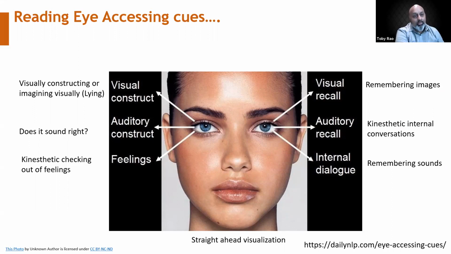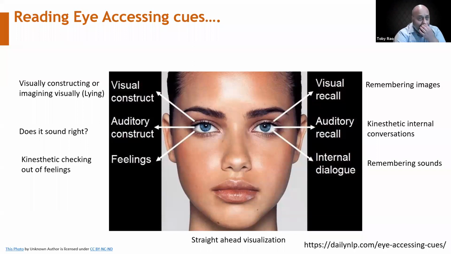If they're looking down, they are kinesthetic. They're trying to feel that moment to see what's happening there. Now, if their eyeballs move towards the right-hand side and go towards the top, they're visually recalling some images that are already set in their brain.